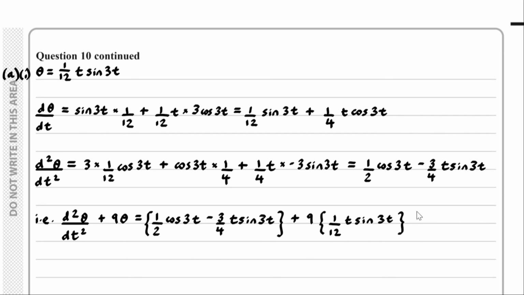If I tidy all of this up, the minus 3 quarters t sine 3t and the 9 times 1/12 t sine 3t cancel out. So I end up with 1/2 cos 3t, and that's exactly what I wanted to show.